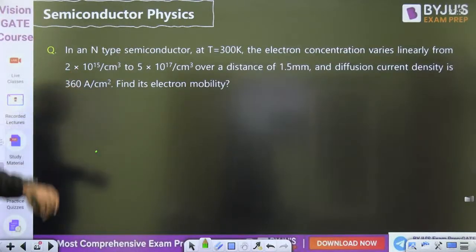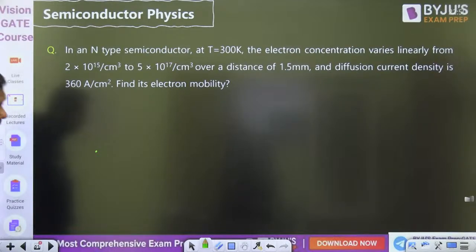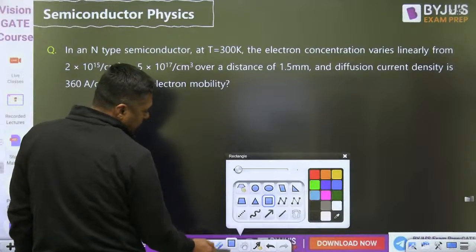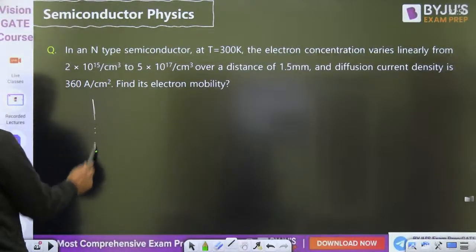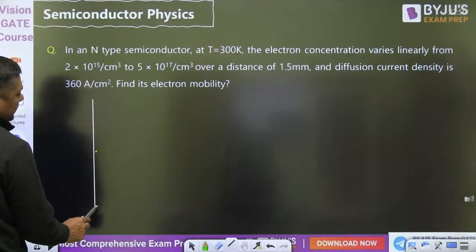In an n-type semiconductor at 300 Kelvin, the electron concentration varies linearly from this to this over a distance of 1.5 mm. The diffusion current density is this one. Find its electron mobility. You see how we can solve this question? What is the concentration gradient here?